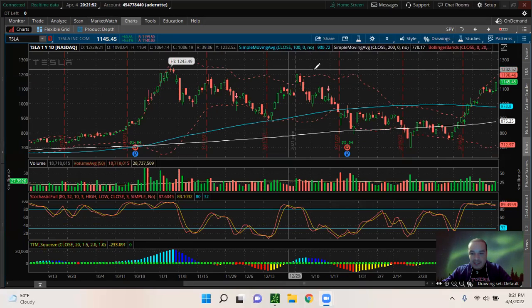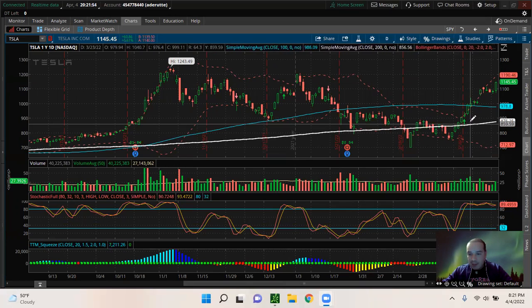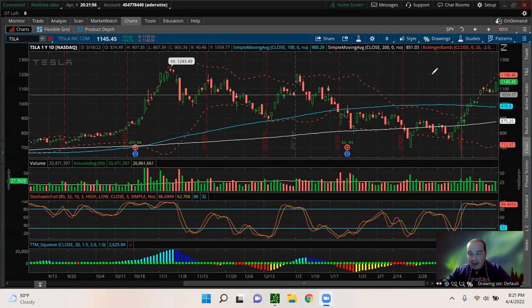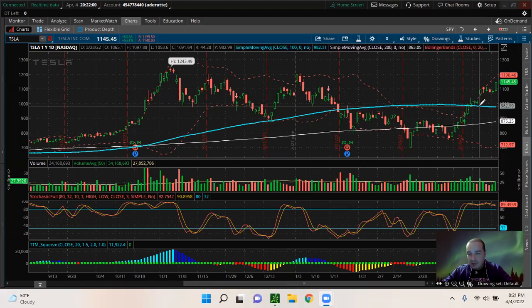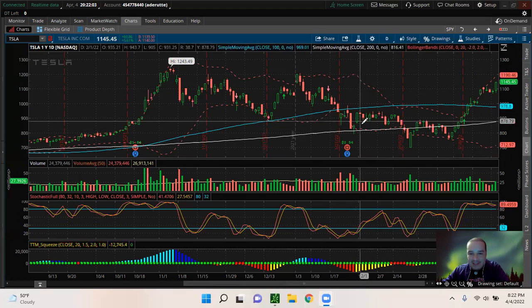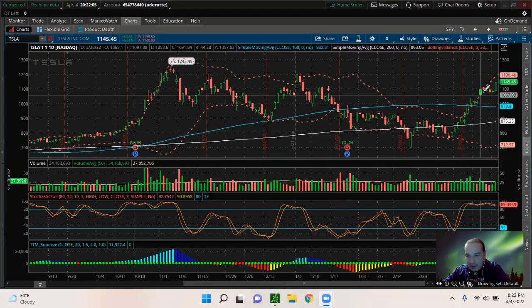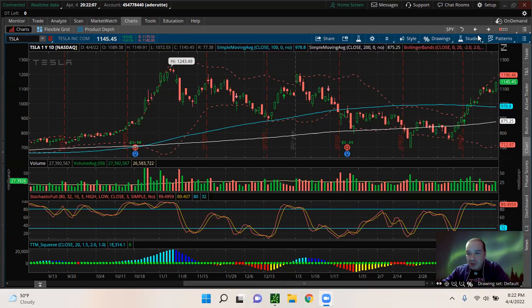But basically, the reason I chose it was I'm looking at the moving averages here. This is the daily chart. This is the 200. This is the 100. It already looks really high, Tesla. It already looks really overextended. I'm going to draw a trend line.